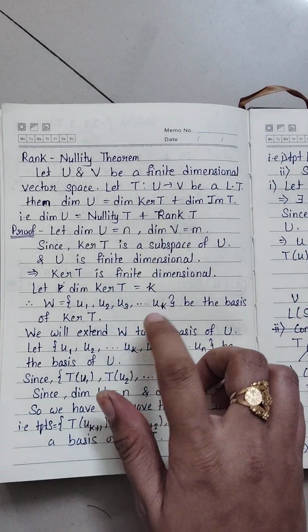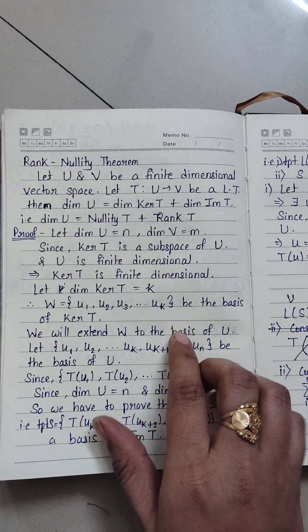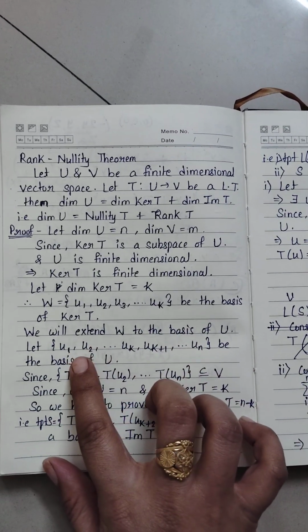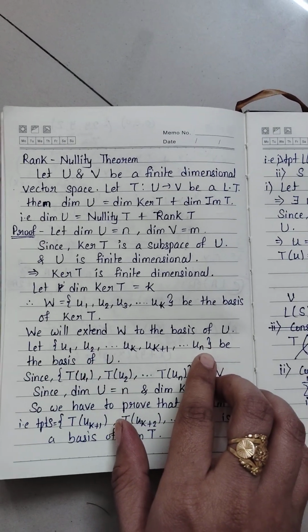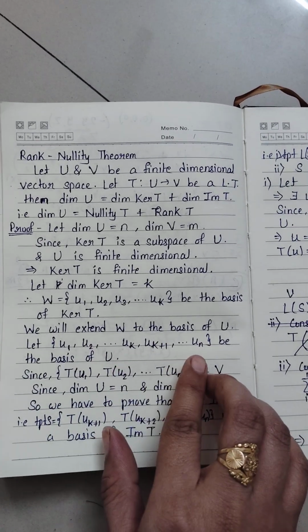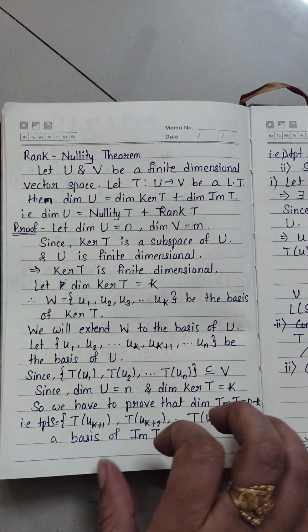That's why we can extend this basis to n elements. Now we will assume the basis of U, our domain, is u1, u2 up to un, because U is an n dimensional vector space.